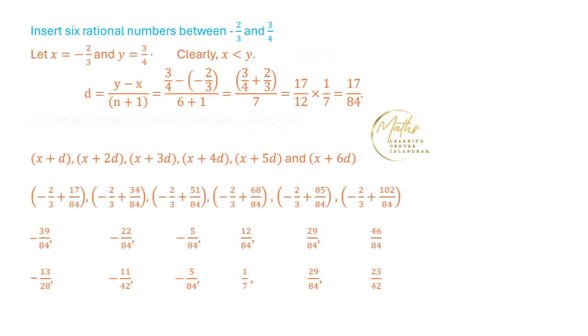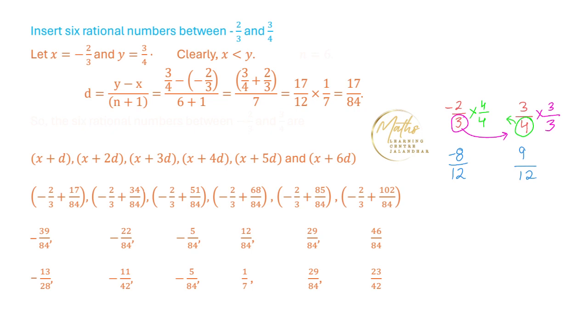Now there is another method to solve this kind of problem. We have the numbers minus 2 by 3 and 3 by 4. The denominator of the second number is 4, so we multiply the numerator and denominator of the first number by 4. The denominator of the first number is 3, so we multiply the numerator and denominator of the second number by 3. We obtain two numbers: minus 8 by 12 and 9 by 12.